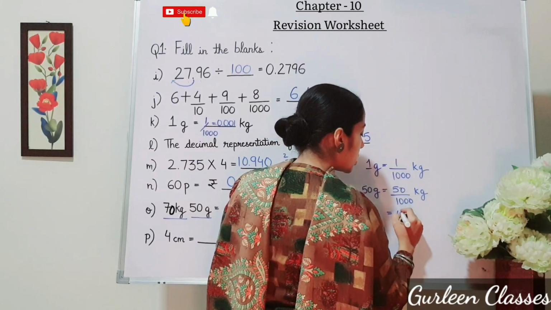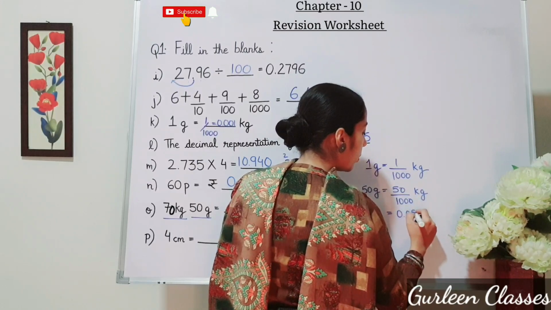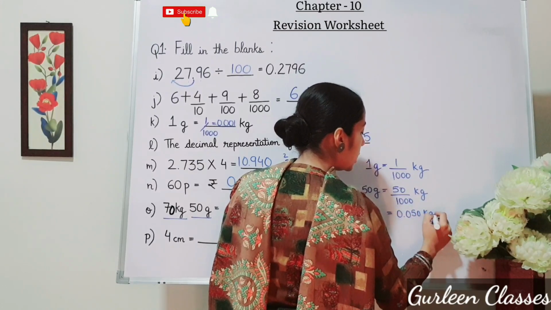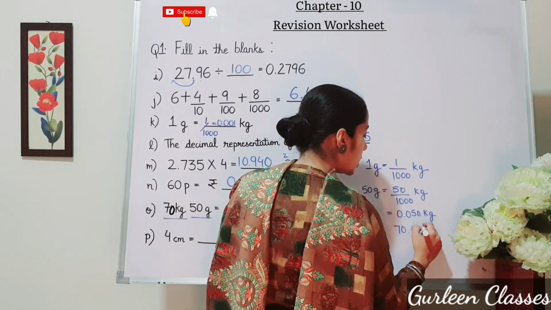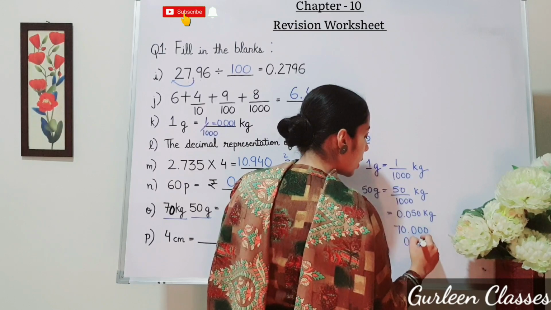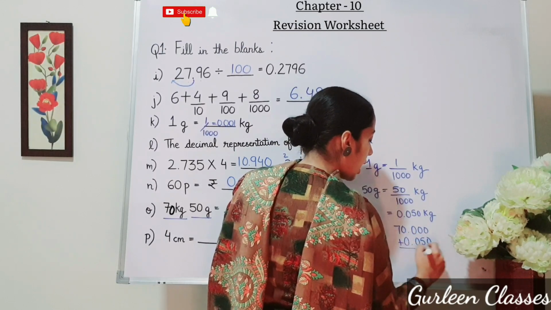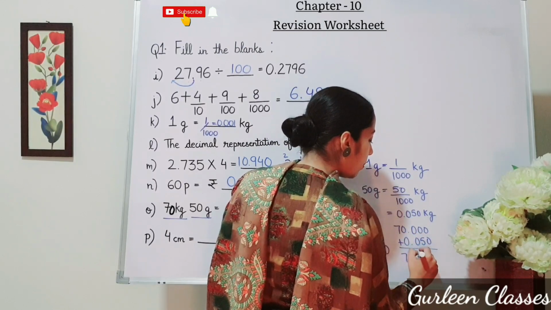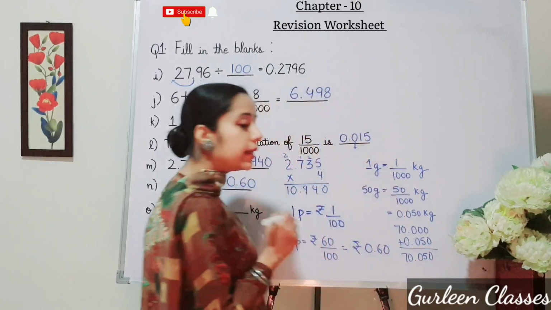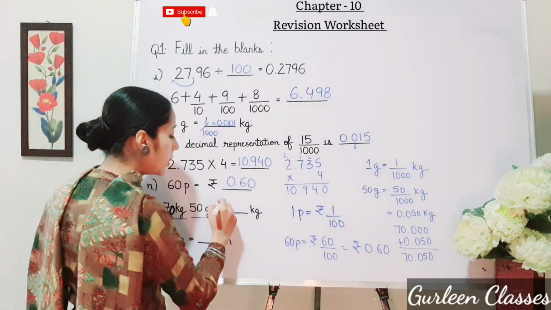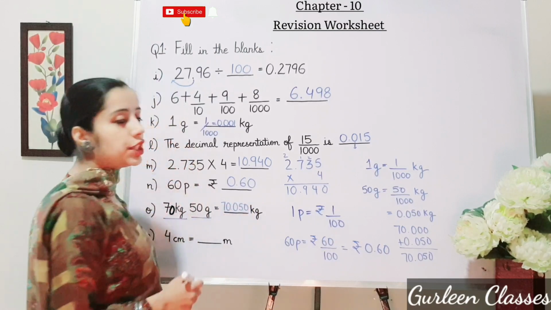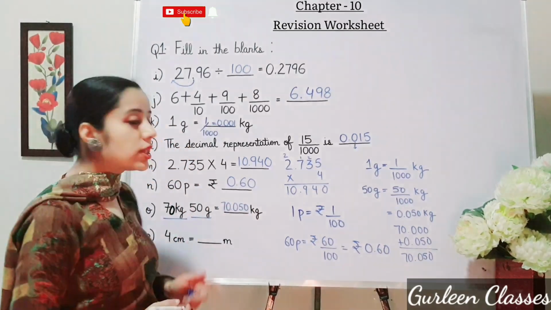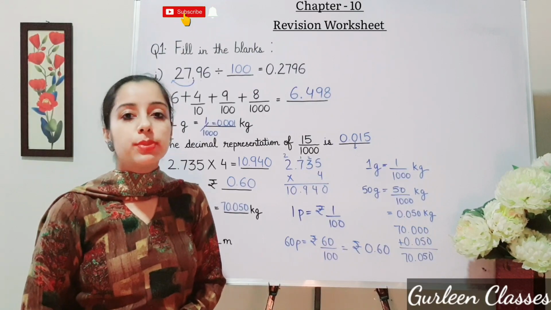So in decimals it will be 0.050 kg. Now let us add 7.000 plus 0.050. After adding it is coming 7.050 kg. So let us write here 7.050 kg.